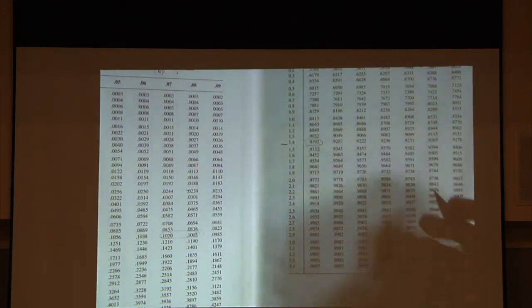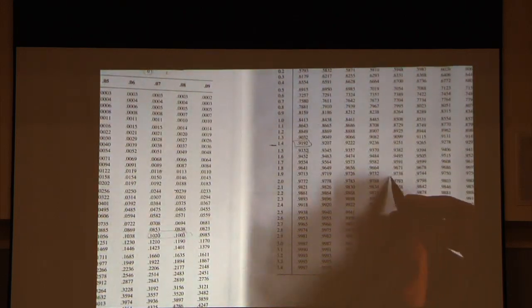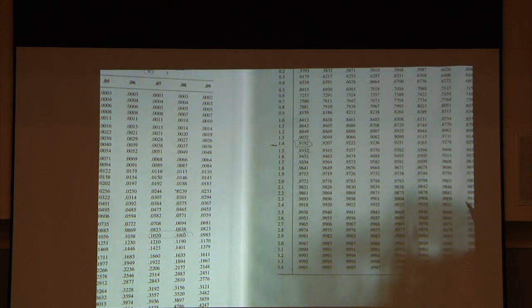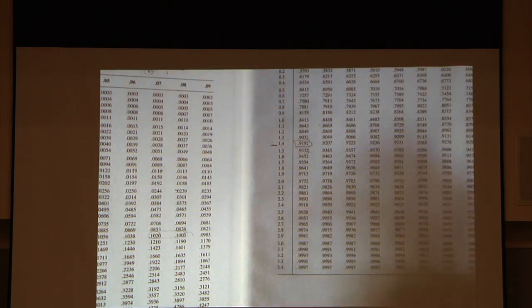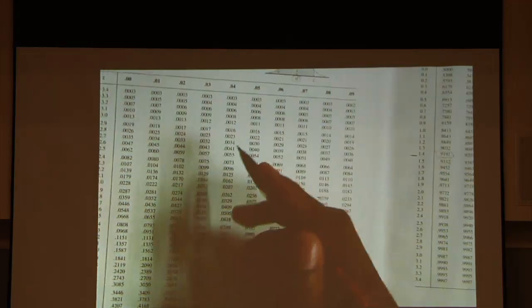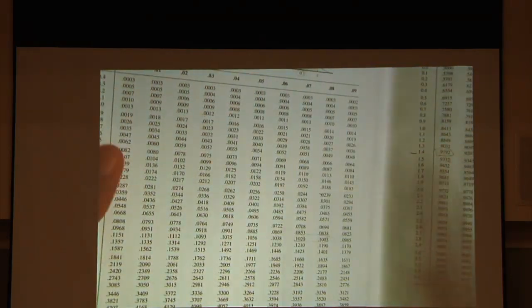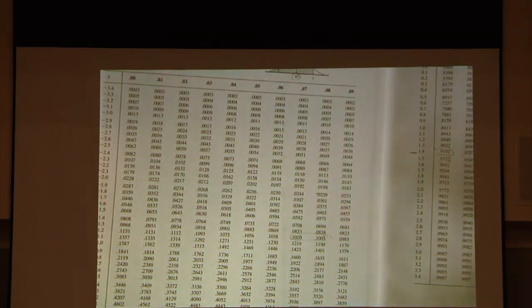So for 95%, there's two ways of doing it. You can look here and look for 95. No, actually, the way that I do it is I just look for the alpha. So for 95, alpha is going to be 5%, right?